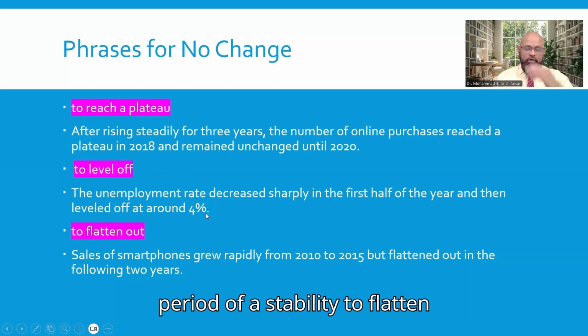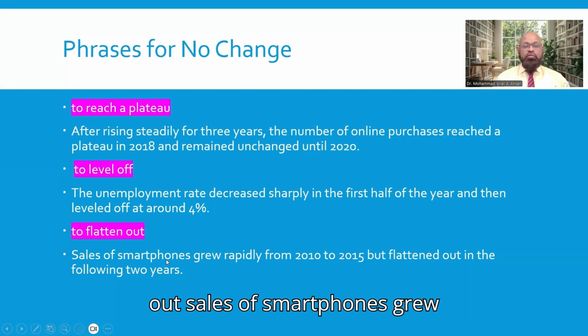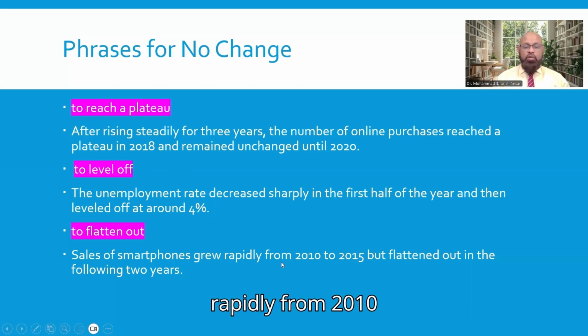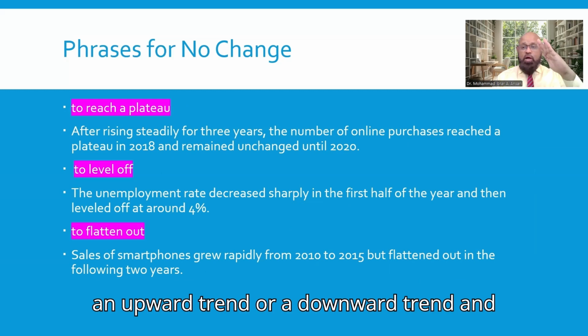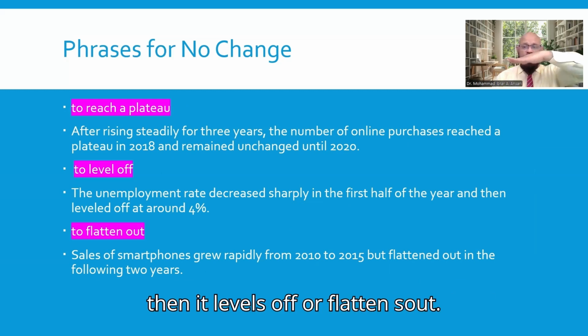It had reached the period of stability. To flatten out: sales of smartphones grew rapidly from 2010 to 2015, but flattened out in the following 2 years. So plateau could be an upward trend or a downward trend, and then it levels off or flattens out.